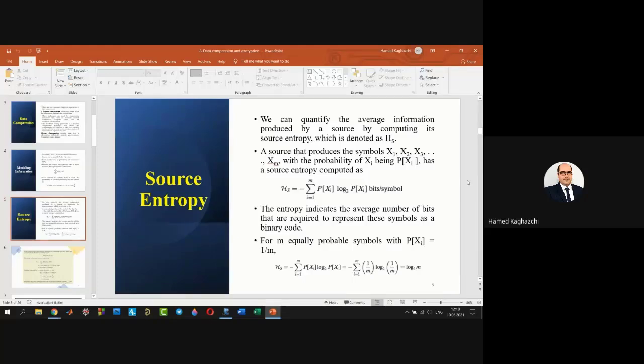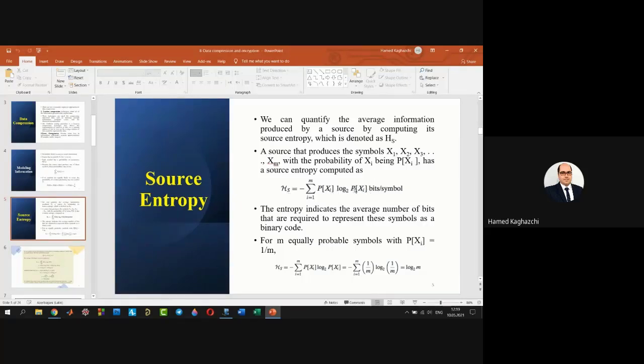So if a source produces the symbols x1, x2, x3 up to xM with probability P(xi), we can define the source entropy using this formula: minus the summation of the probability of xi times log to the base of 2 of P(xi).